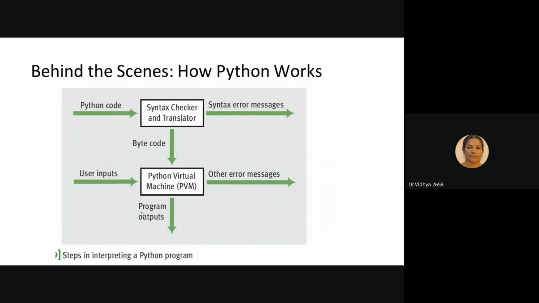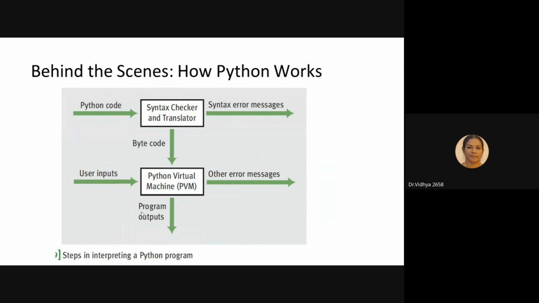Then the user input is given along with the bytecode, so that the Python virtual machine can identify various other errors, read the inputs, and map the inputs to the respective code.